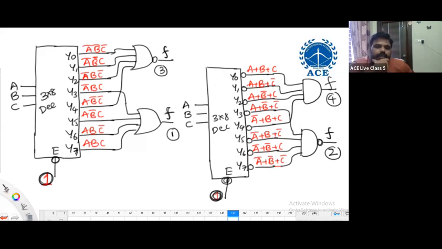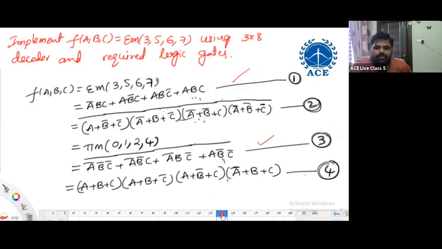In equation 2, if you are not having complement, it becomes F bar, F bar SOP. Bhaskar, if you are not having complement in equation 2, what will be there? It is a POS.